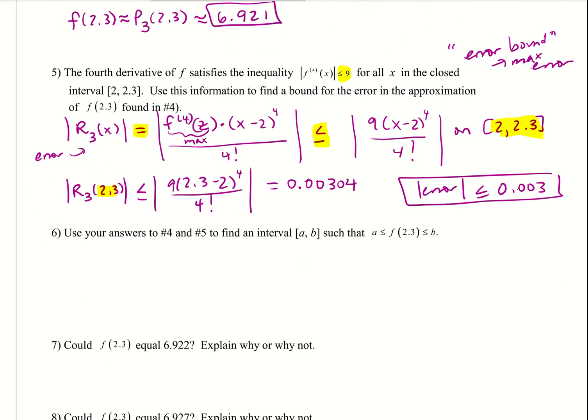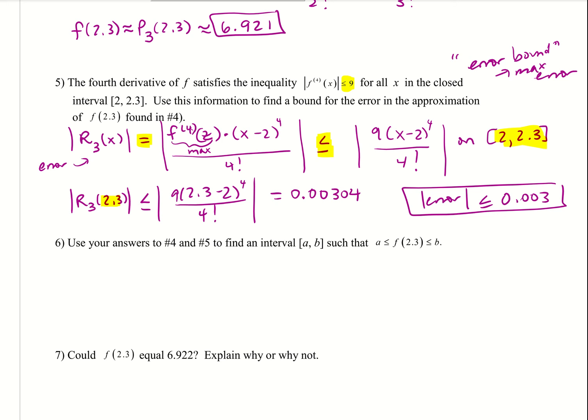Well, what I know is that f of 2.3 we had said would be around 6.921. Well, that value might be a little too big. That value might be a little too small. I don't know if this series is alternating.